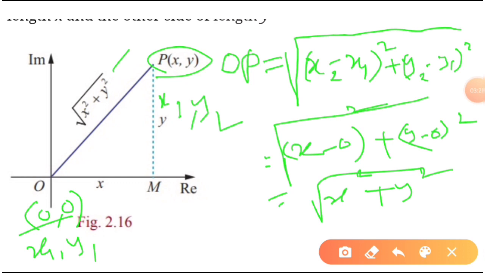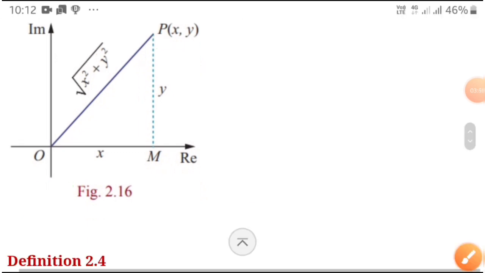So the square root of x squared plus y squared. That is all. So the modulus of a complex number z equal to x plus iy is the square root of the real part squared plus the imaginary part squared.